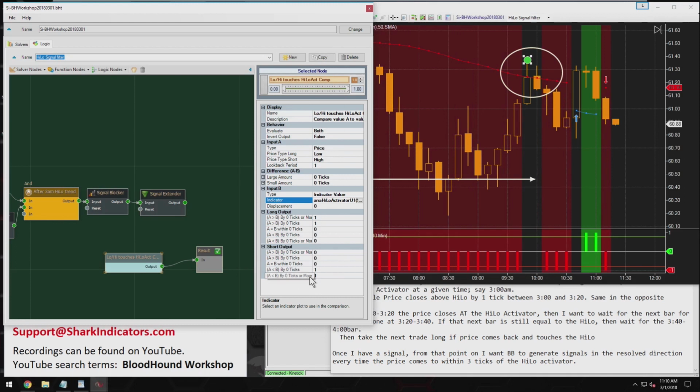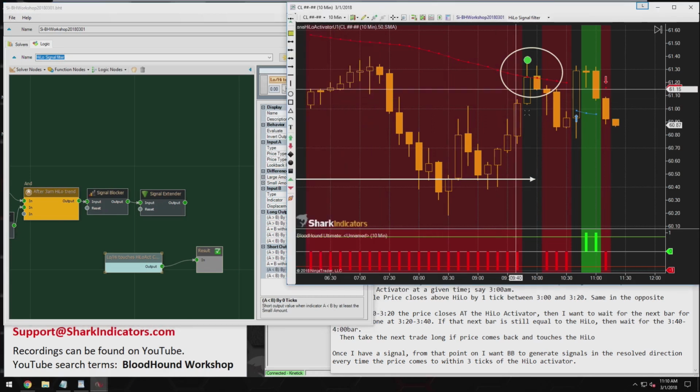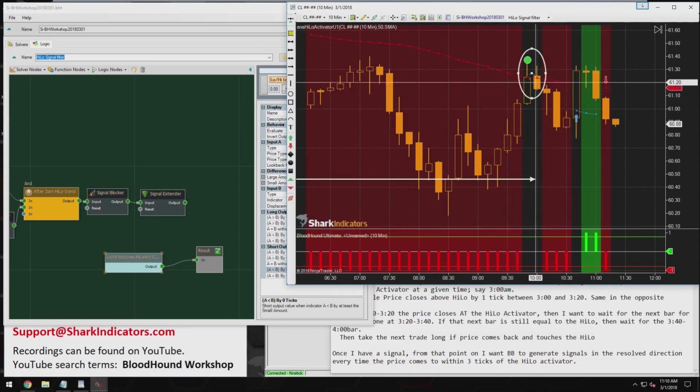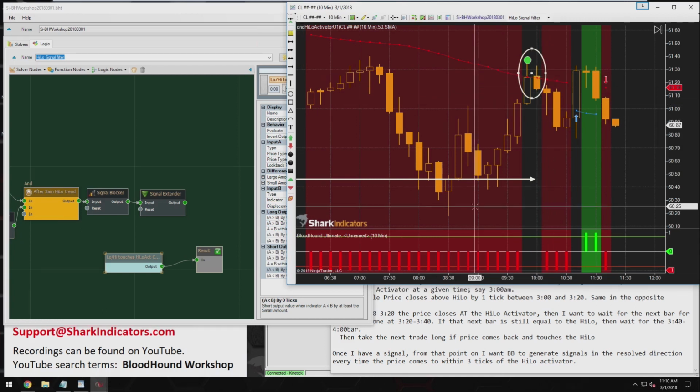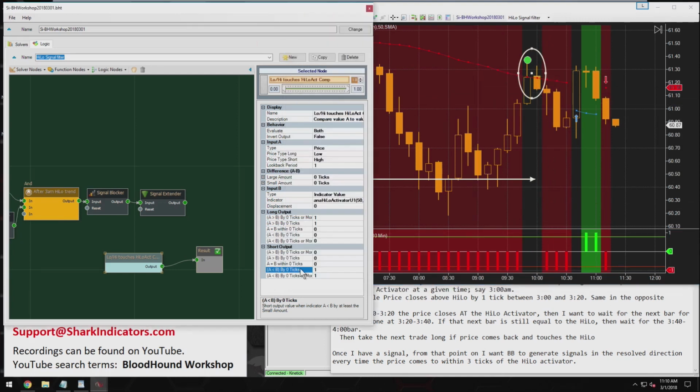Now we need to get the outputs set correctly. If we look here, we have no output on the two bars that are actually touching the high-low indicator. That tells us we definitely need to adjust the output here.